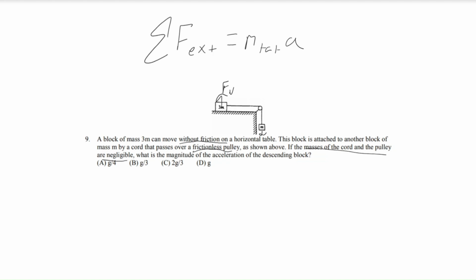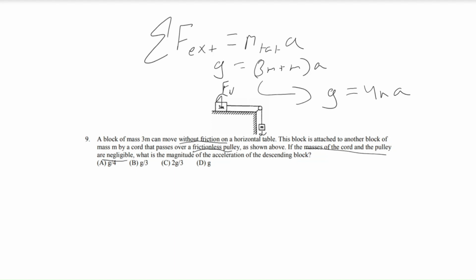So knowing that, we can take our external force, which is just our gravity, is equal to, and the total mass is going to be the 3m plus the 1m. Adding those together, you would get 3m plus m, and multiply that by a. You would bring this over here, and you would get gravity is equal to 4m times a.